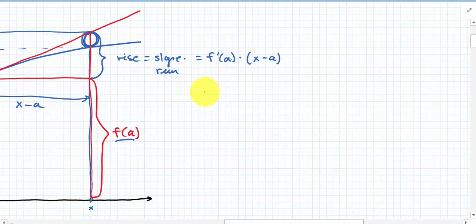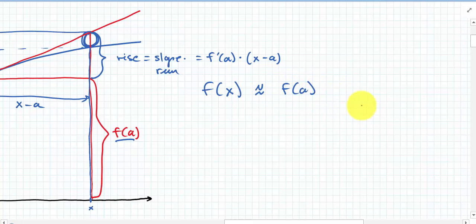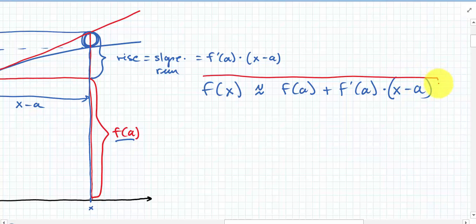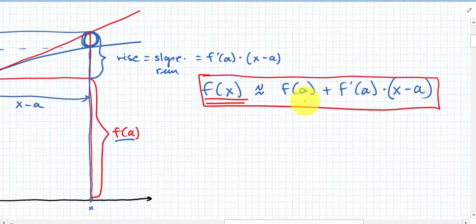We have that f at x is about f at A plus the rise, so f prime at A times x minus A. This is the formula for the tangent line approximation of f of x near A, where I have my tangent line.